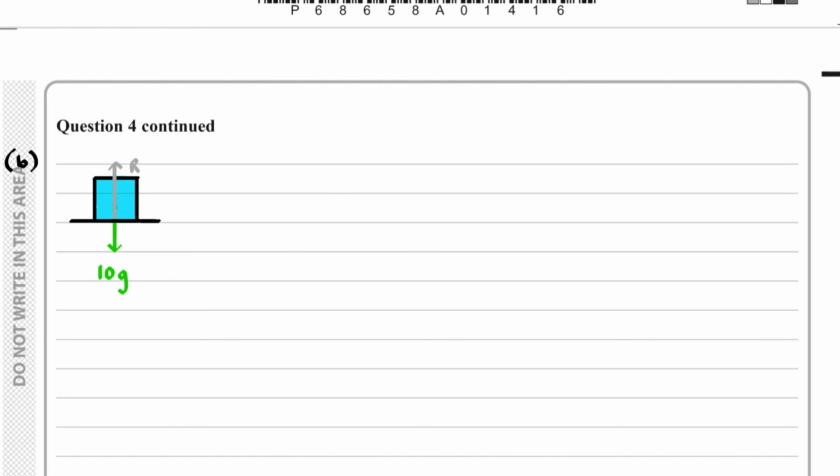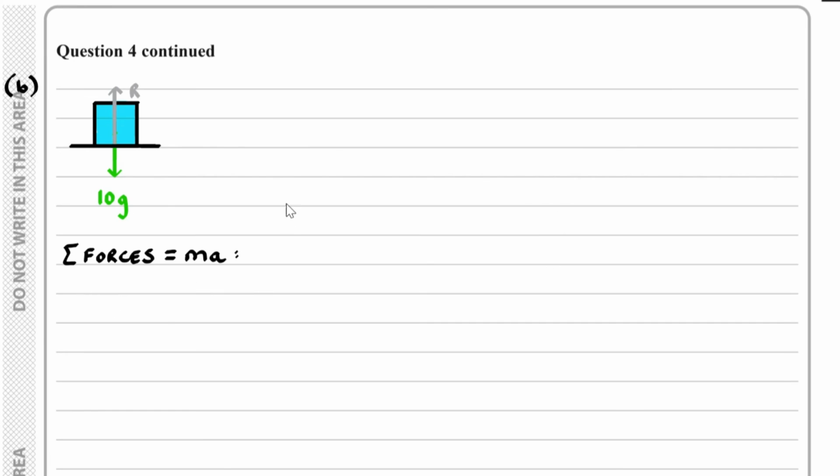So, again, using the sum of the forces is equal to the mass times acceleration, we've got R subtract 10g equals 10a, and knowing that a is equal to 0.2, we have R minus 10g equals 10 multiplied by 0.2, which means R is equal to 100 newtons.